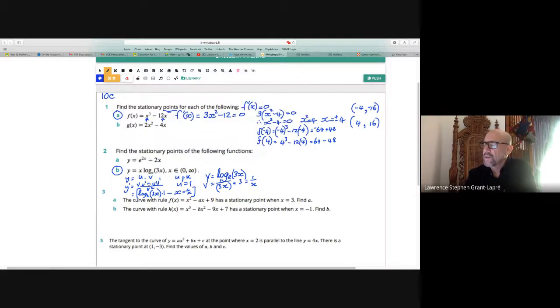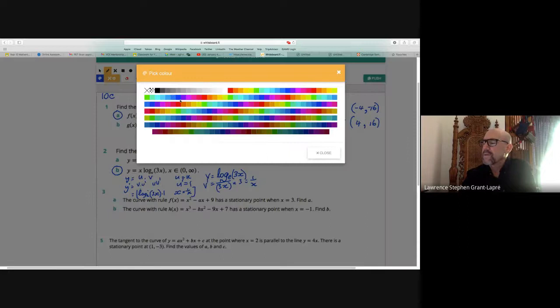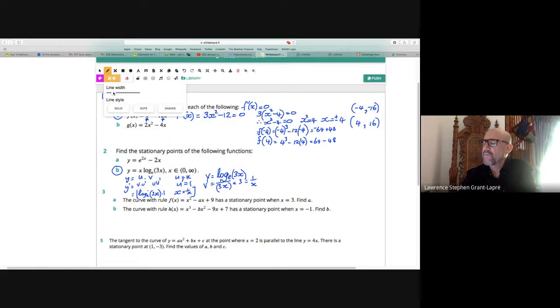Let me just fix that. I'll use pink for where I'm fixing it. Because it's a product rule, not a quotient rule, it's just vu dash plus uv dash. It doesn't matter if it's v u dash or u v dash. So the derivative becomes, because it's a product rule, the log of 3x plus 1.